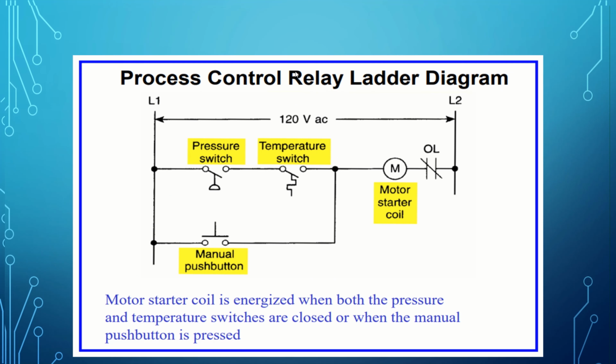So here is the process control relay ladder diagram, in which the pressure switch and temperature switch are connected in series, and another one, the manual push button, is installed to energize or run the motor starter coil.